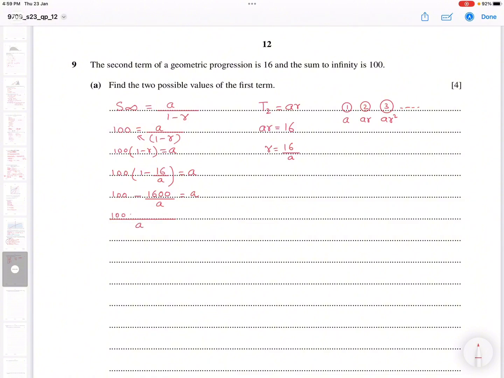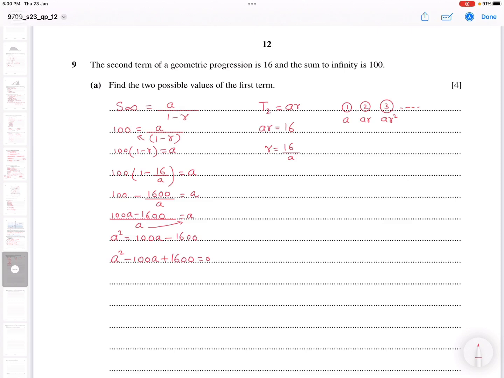So 100A minus 1600 equals A times A, so it becomes A square equals 100A minus 1600. So if I bring all the things to one side, it will become A square minus 100A plus 1600 equals 0.